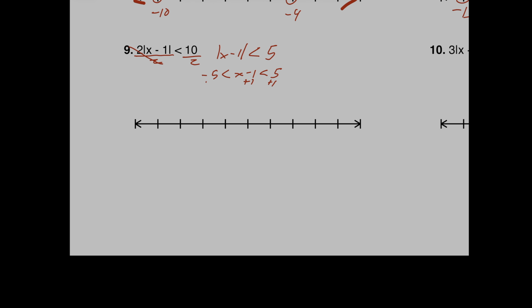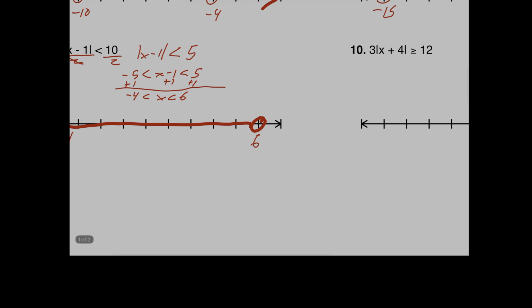Now I just add 1 to all 3, and I'm going to get negative 4 is less than x is less than 6. So I'm just going to call this 6, 5, 4, 3, 2, 1, negative 1, 2, 3, negative 4 is right around there. And it's going to be an innie. I'm going to make these circles because there's no equal sign, and then we're just going to fill it in.